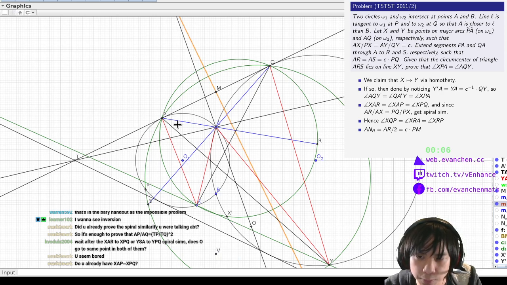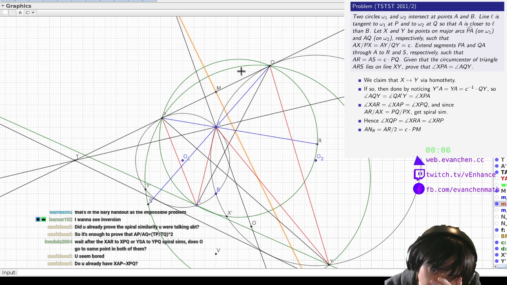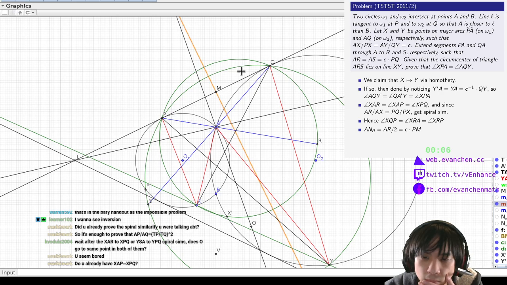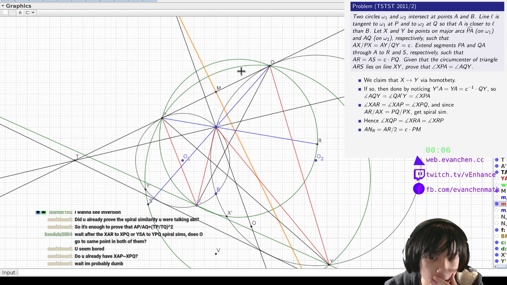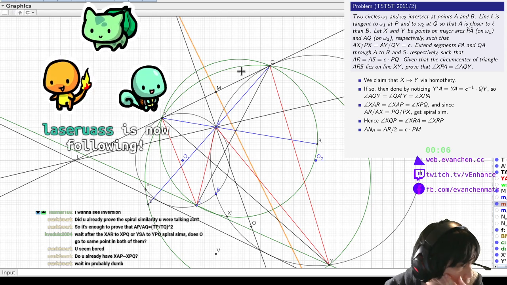XAP is similar to XPQ. Yes, I assume you meant XAR.